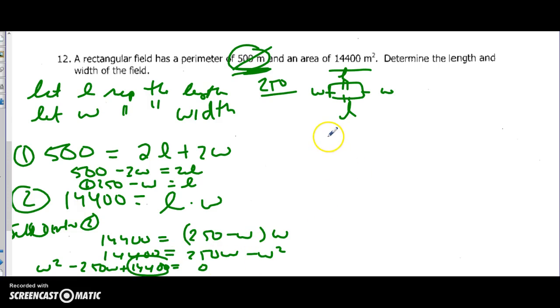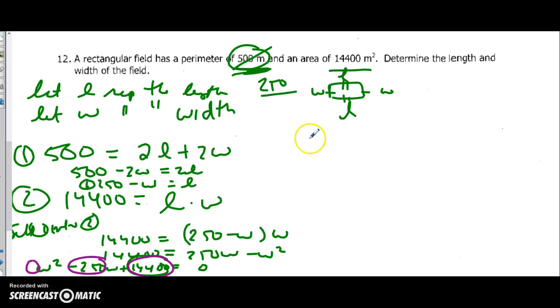So what I'll just do is go straight into the quadratic equation, and, you know what, I'm running out of room here. That's b squared minus 4ac, square root of that, add and subtract that from minus b, over 2a. And I will do that without rewriting it. So a is 1 here, b is my minus 250, and c is this number here, 14,400.